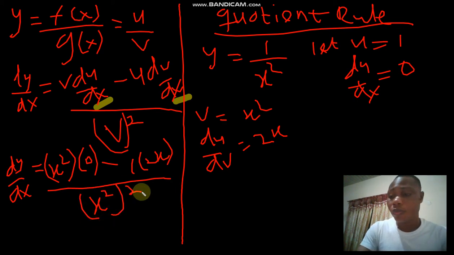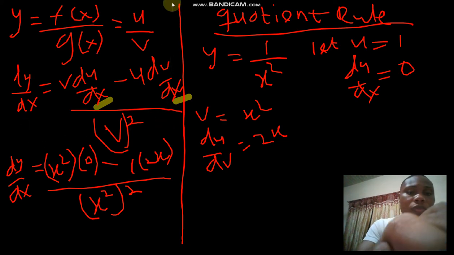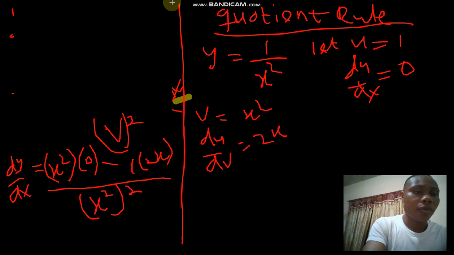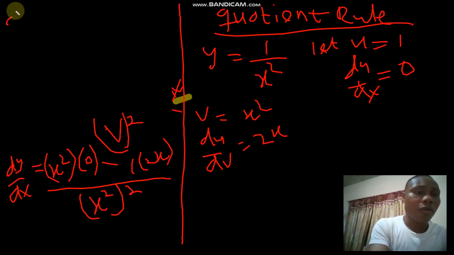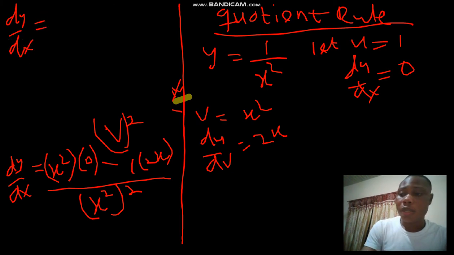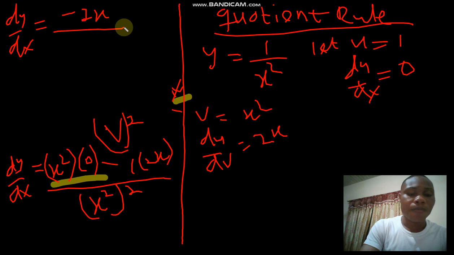If I go to the top there, dy/dx is equal to, this part will just be 0. Then I'll be left with minus 2x at the top divided by x squared, all squared, which is x to the power of 4.